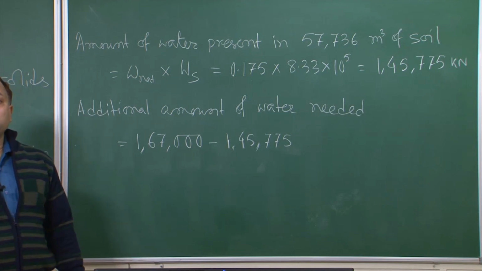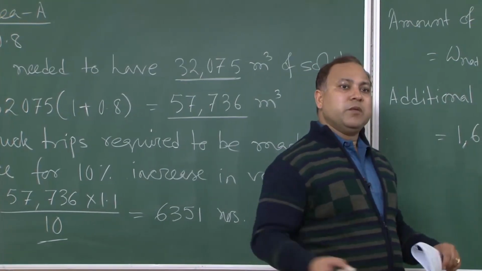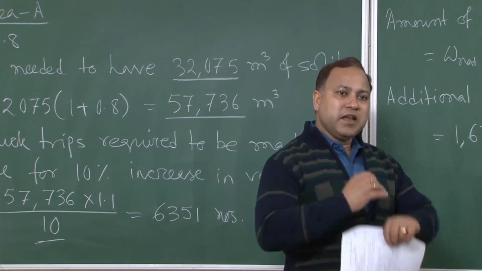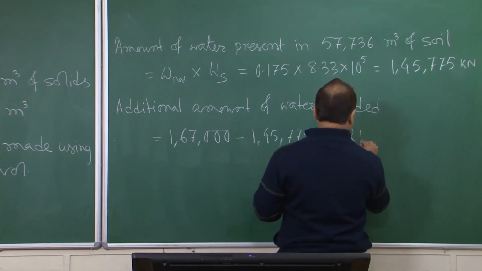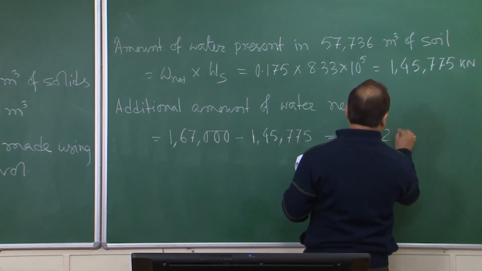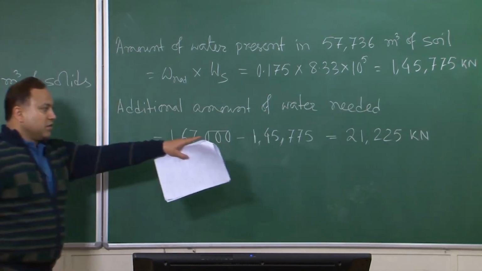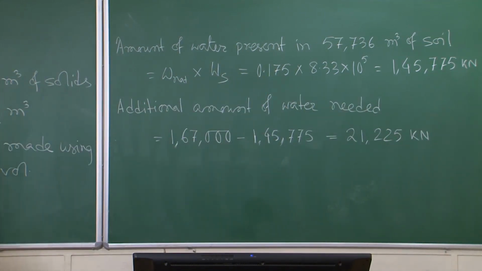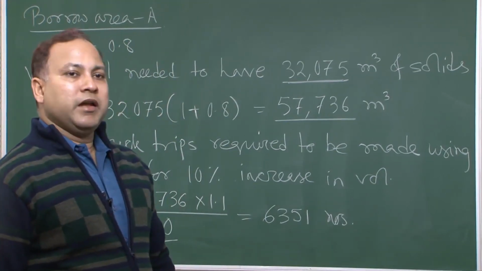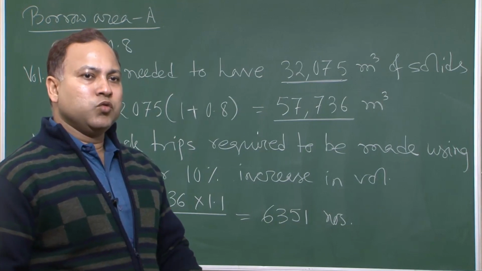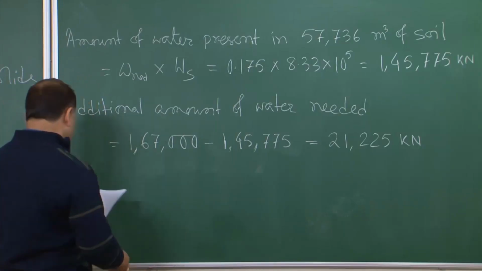So additional amount of water basically you need to transport by using trucks, and you have to mix in the embankment side, and then you have to compact, right. So that comes around 21,225 kilonewton. So this is your additional amount of water which needs to be transported by trucks, okay, and which will be mixed later on to compact the soil in the embankment site.